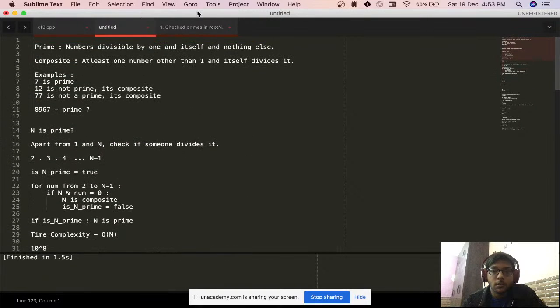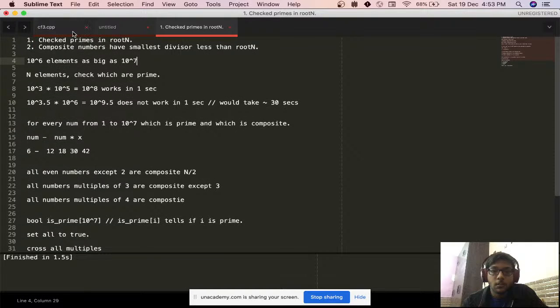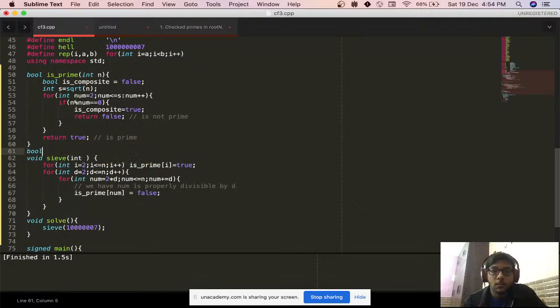So we will pass 10 power 7 to Sieve. Let us make the is prime array also 10 power 7. Cool, it seems fine.